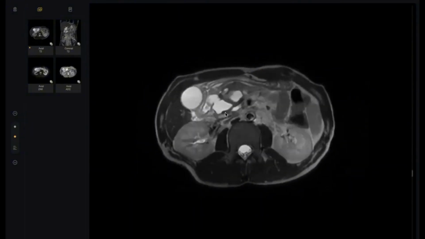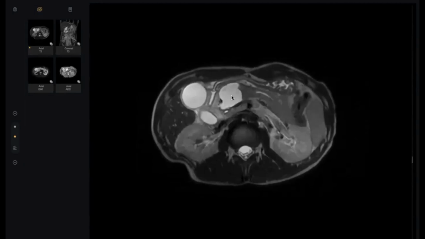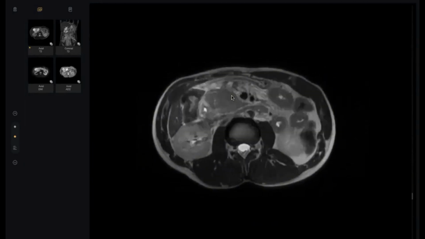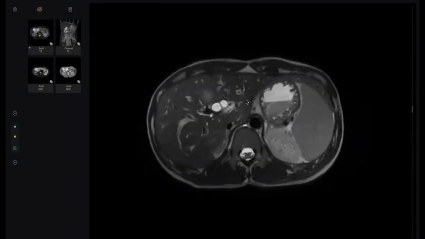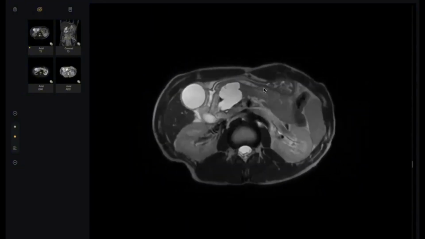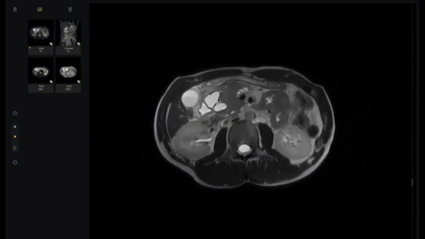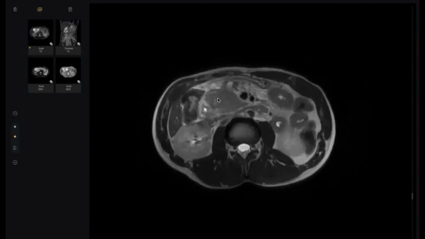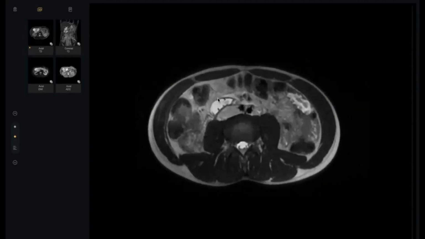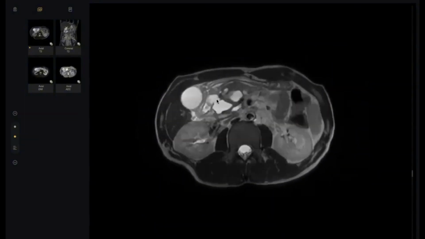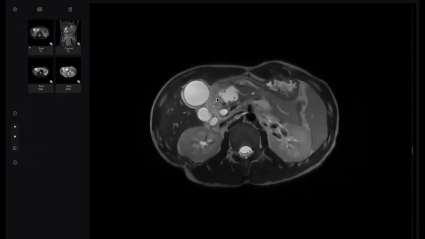So this is the pancreas, and this is some abnormal dilatation of the stomach, and then I would follow the stomach into the duodenum. Okay, this is the duodenum, and there is retroperitoneal fat stranding and heterogeneity that can also be appreciated.